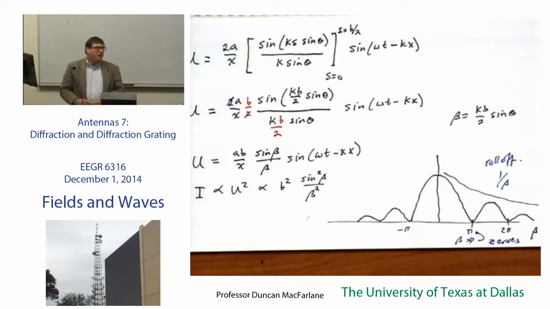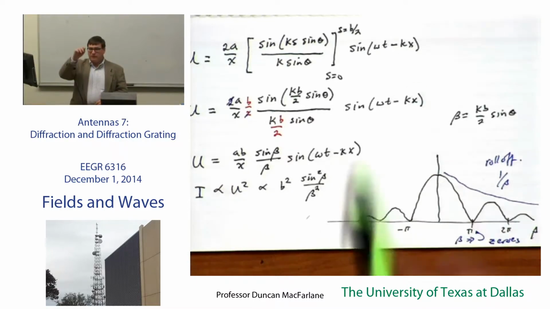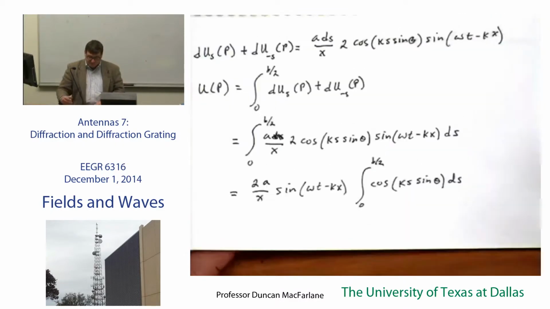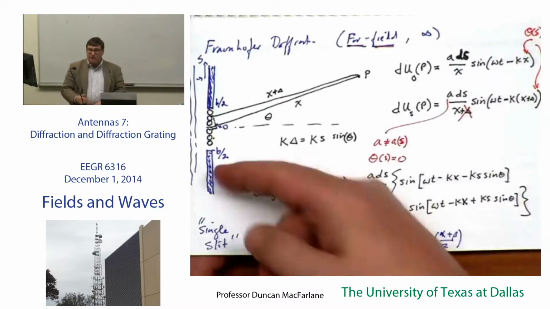And if you remember, the Fourier transform of a square pulse is a sinc function in the frequency domain. So this is a naturally occurring example of a Fourier transform.